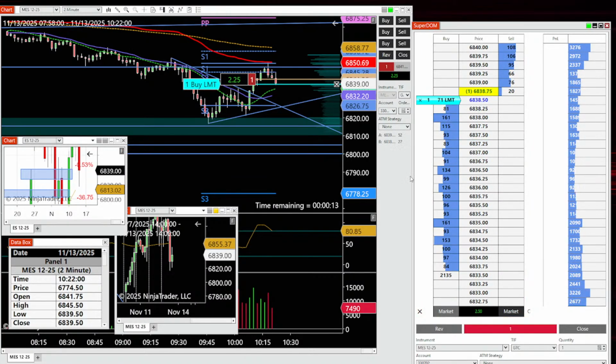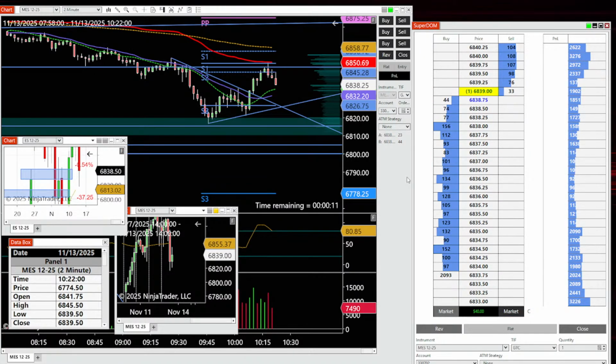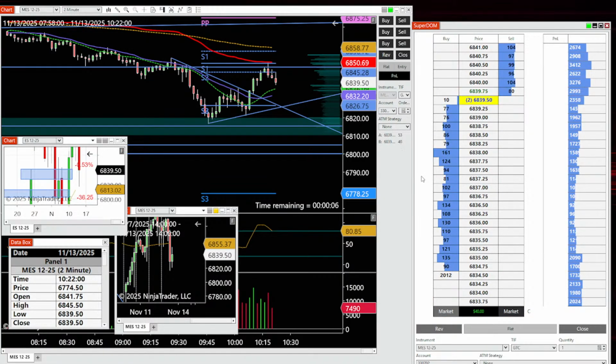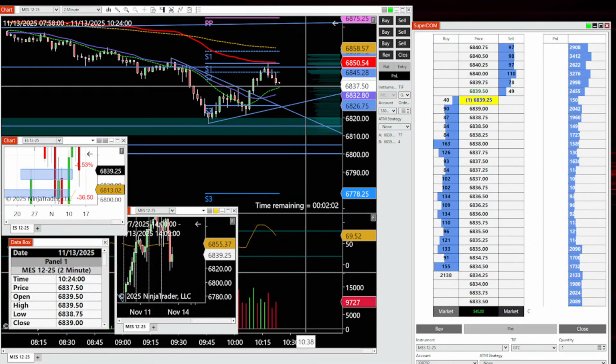I see some orders down here that could be holding. Okay, I see some orders down here on 38. That could hold it, so that's why I moved it up.